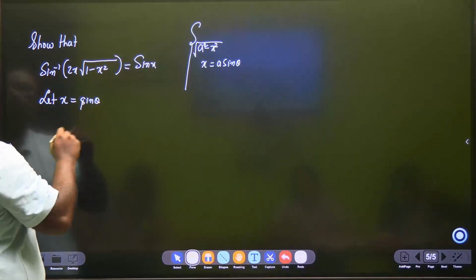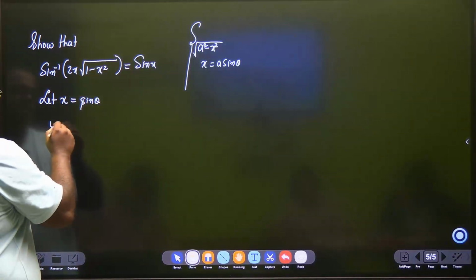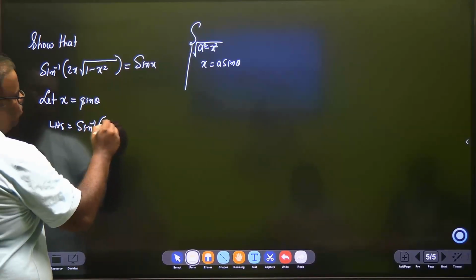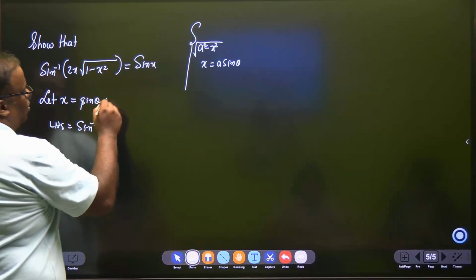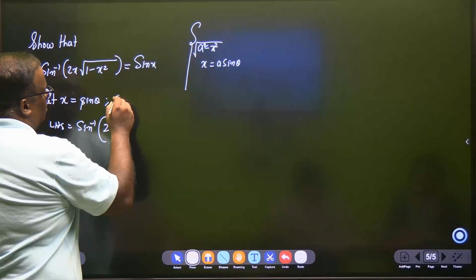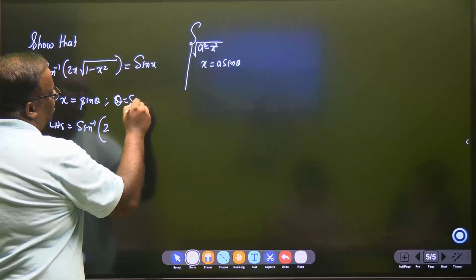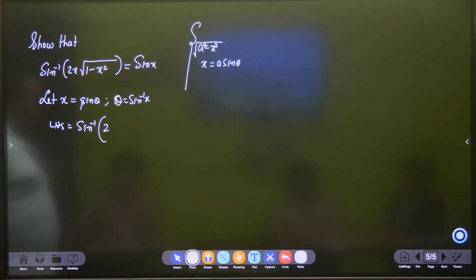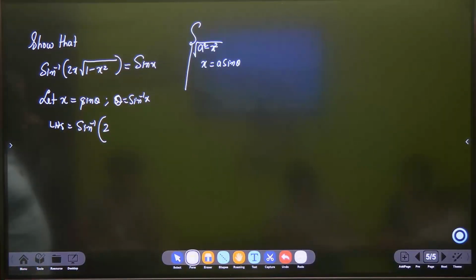Okay, this is what we have assumed. So we can write our LHS as sine inverse 2, and from here theta will be equal to sine inverse x. Clear? Theta will be sine inverse x.